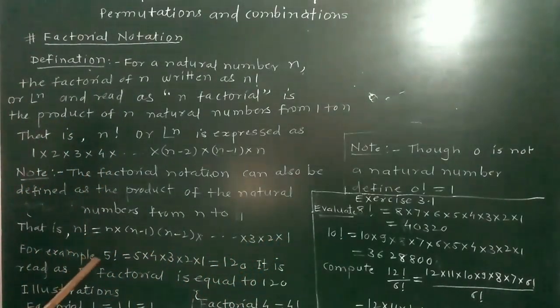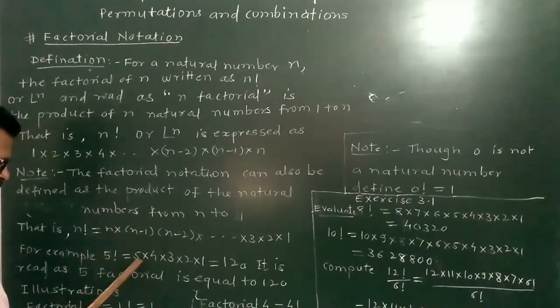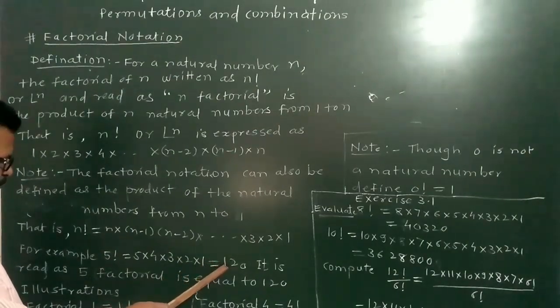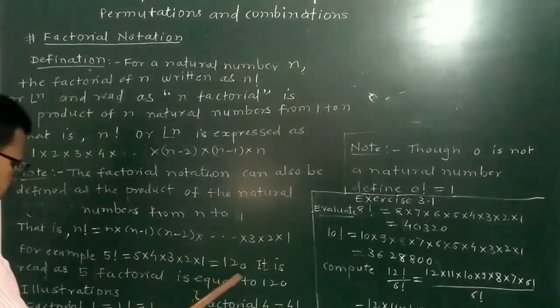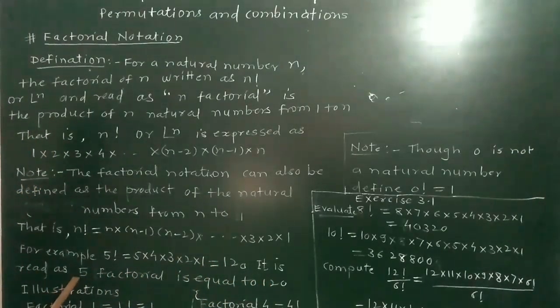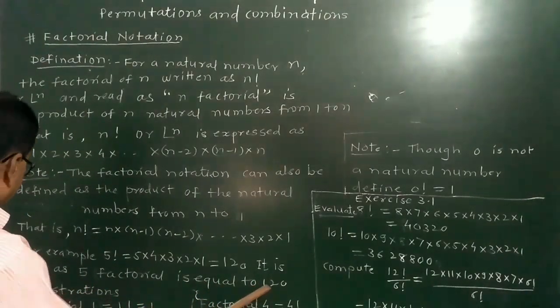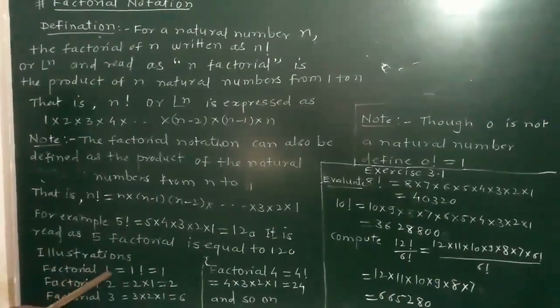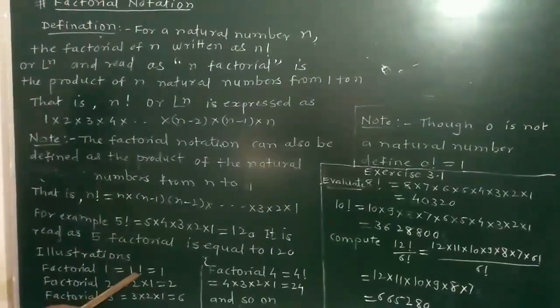For example, 5 factorial is written as 5 into 4 into 3 into 2 into 1, which is equal to 120. It is read as 5 factorial is equal to 120. Illustrations: factorial 1 is equal to 1.